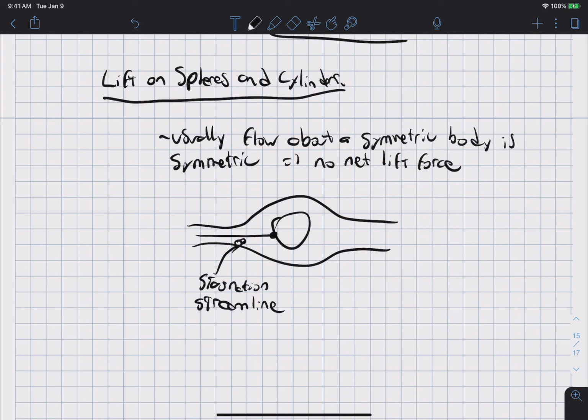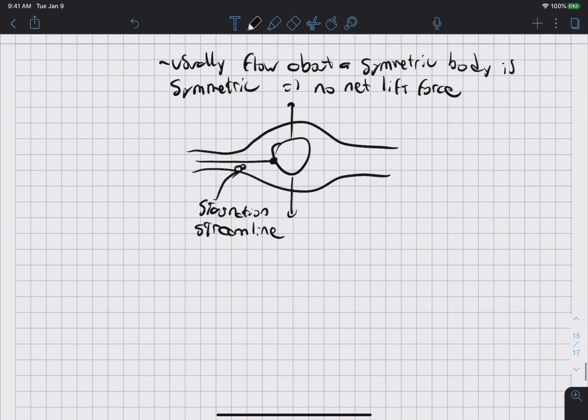Okay, and the flow is perfectly symmetric, so there's a lift force that's trying to tug the sphere up from the top, and down from the bottom, and they are equal. They are equal and opposite, so there's no net lifting force. However, if the sphere or cylinder is spinning, that's no longer the case.